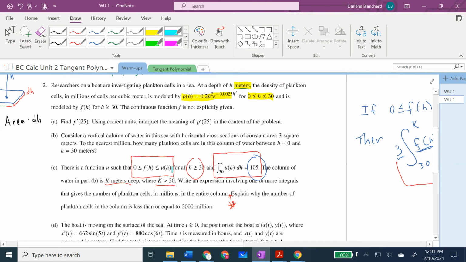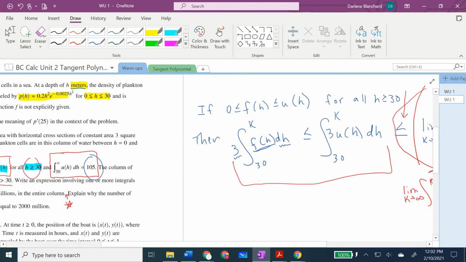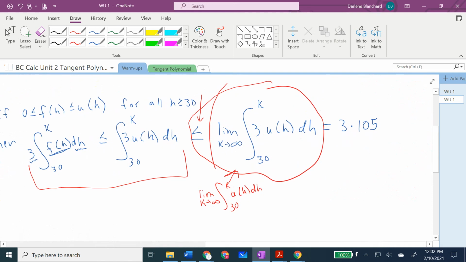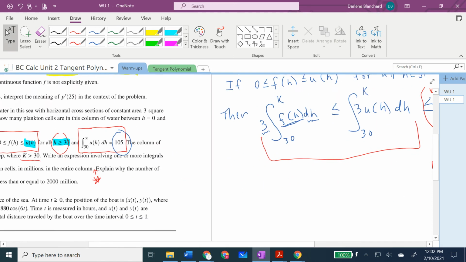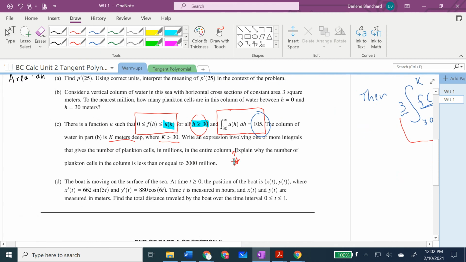The u function is dealing with h greater than or equal to 30. So you're going to need to add what you got in part B onto the 3 times 105.